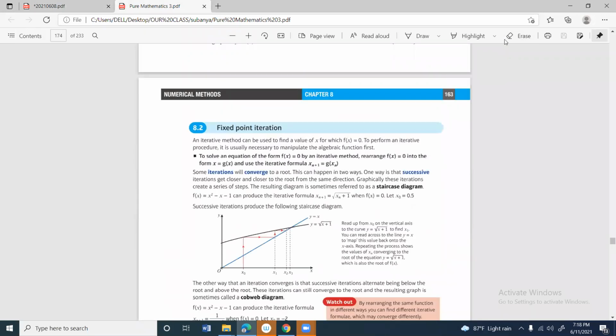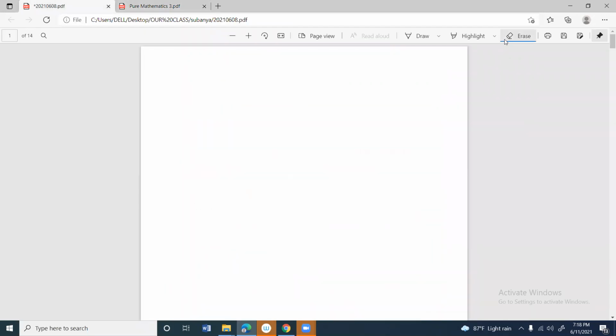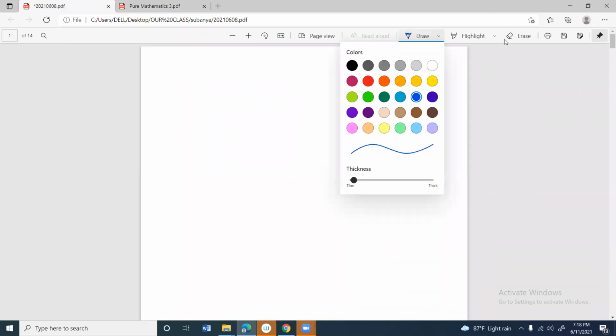So the topic is the iteration formula and solutions for equations. That is the second part of the numerical analysis, right?